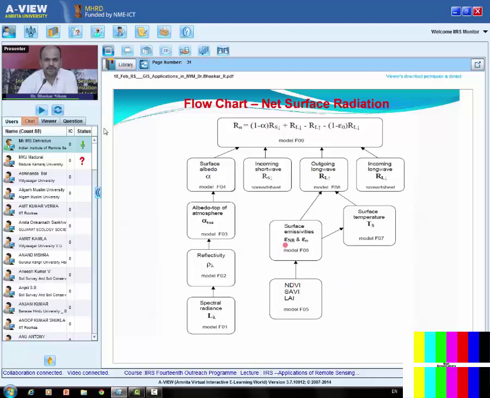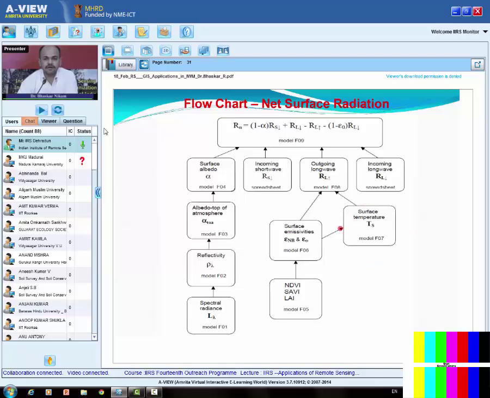For long wave, we have to calculate the emissivity: emissivity in narrow band, emissivity in broad band. For that, there are empirical relations between NDVI and emissivity, soil adjusted vegetation index and emissivity, leaf area index and emissivity. So you can use either one of these relations to calculate emissivity from the vegetation index values.